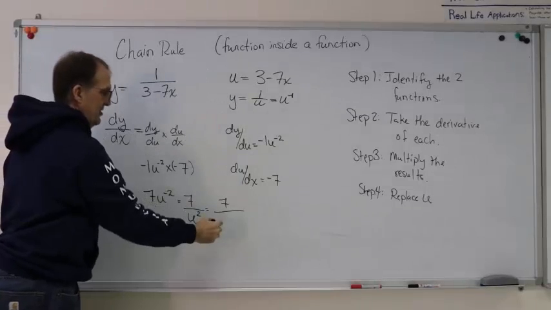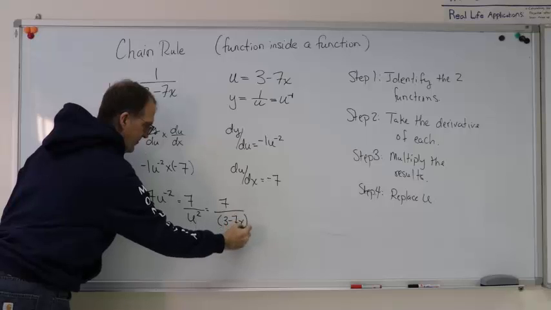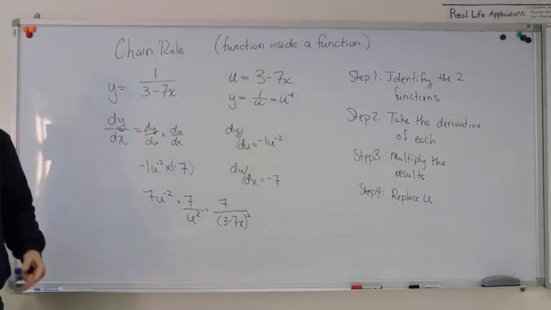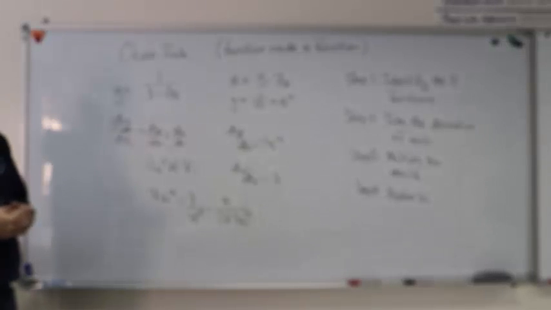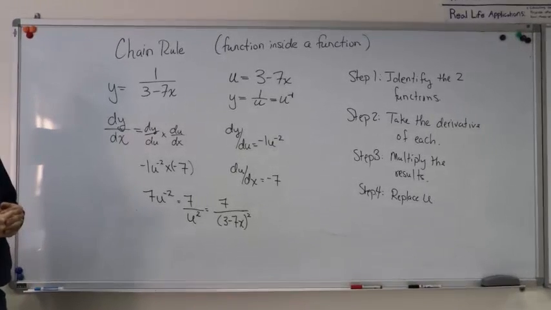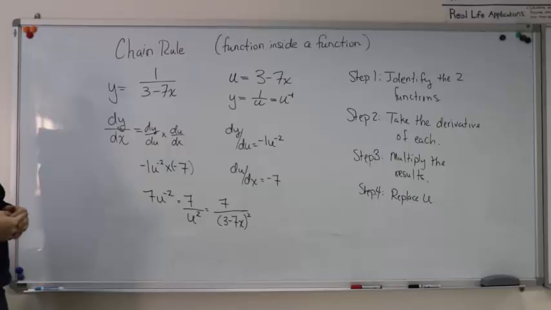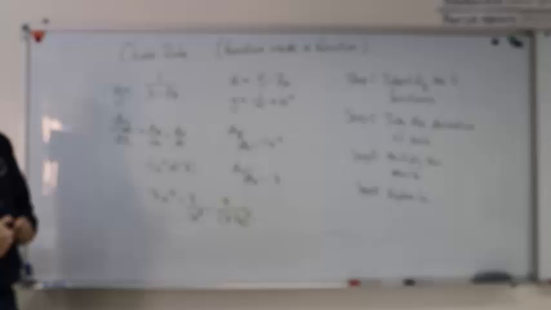And now I go back and resubstitute: 7 over 3 minus 7x squared. We okay with this one? Yes. I'll pause for a second just to let you look at it, think about it, and ask a question if you have it.